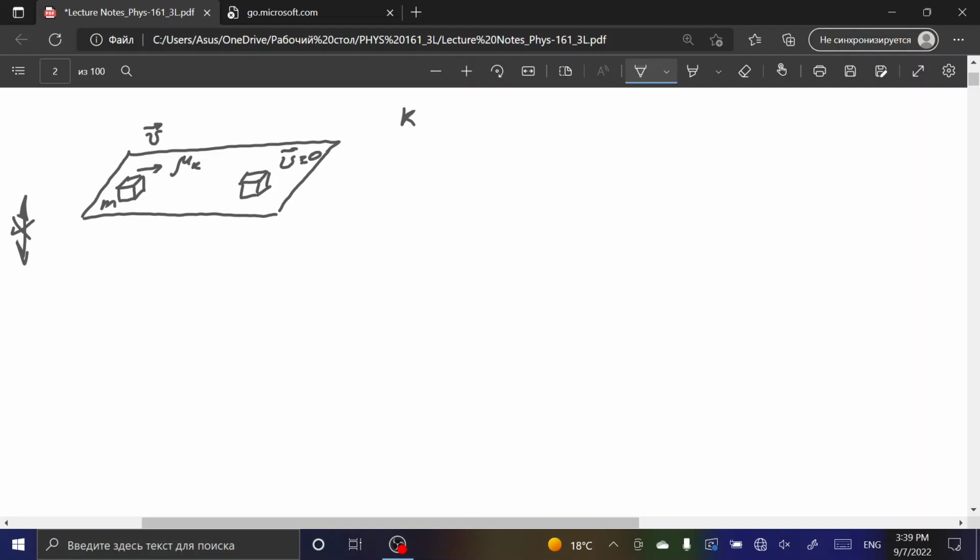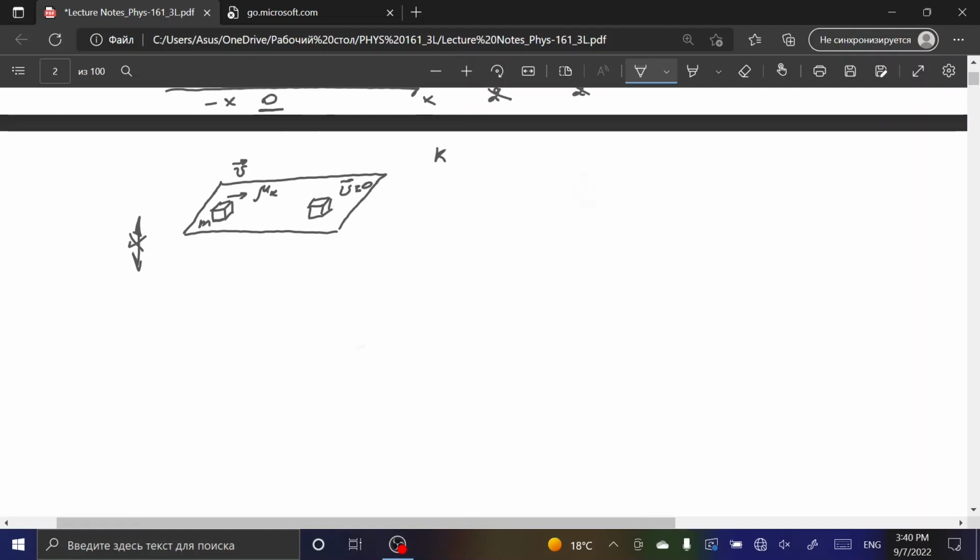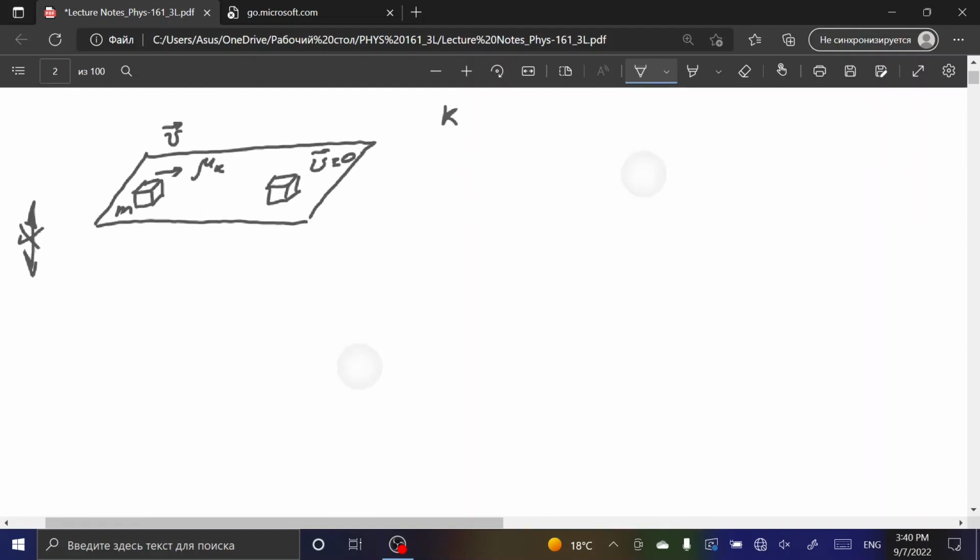So in this case, we can write that kinetic energy was converted into internal energy. Internal energy means this heat energy.